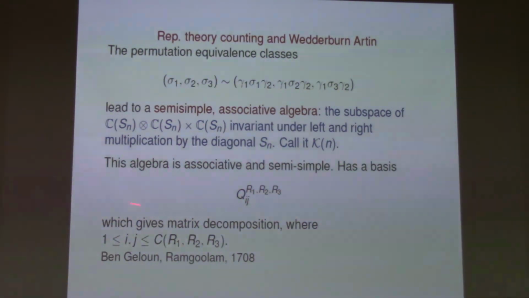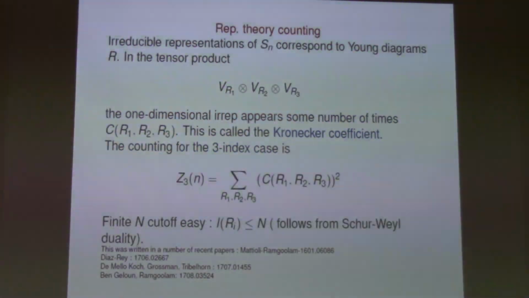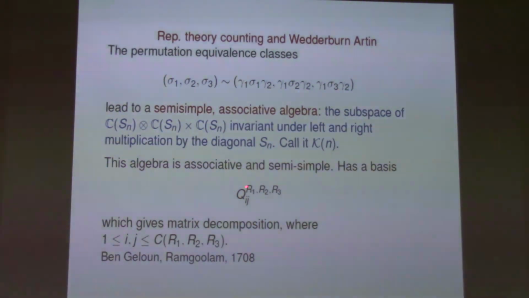And therefore, there should be a nice representation theory basis, which is going to be labeled by 3 Young diagrams, with each triple of Young diagrams with non-vanishing Kronecker coefficient contributing that many squares of elements in this algebra. So basically, that's what this formula says.